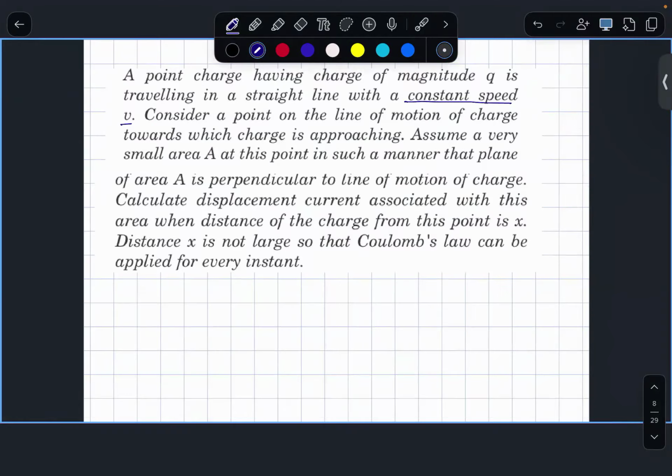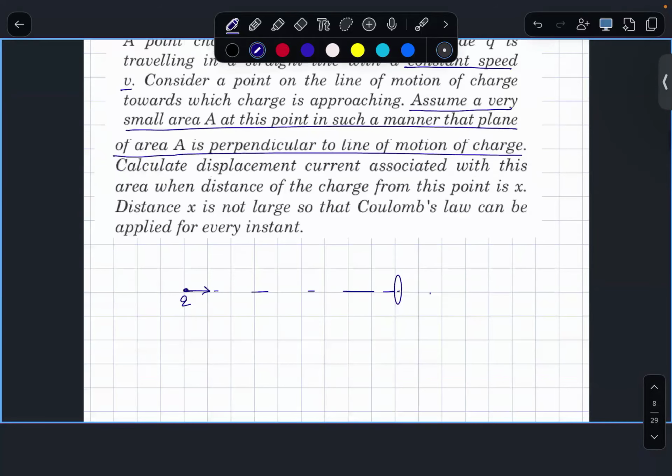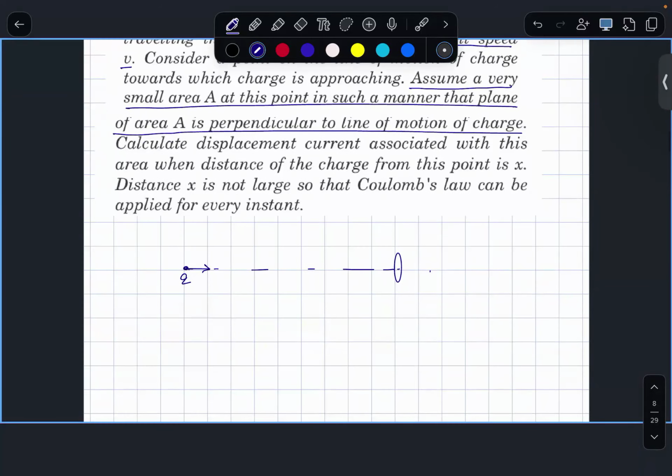This question also was given in mains. Assume that the charge is moving through a small area. Calculate the displacement current associated with this at distance r.